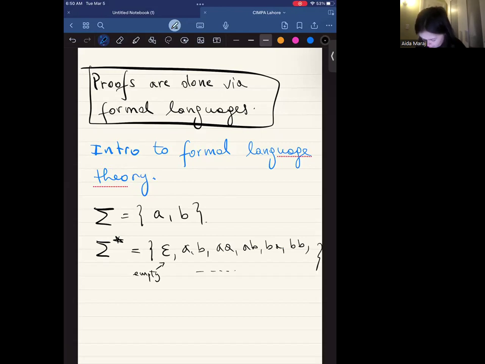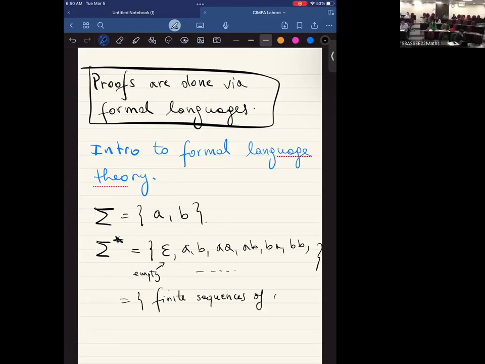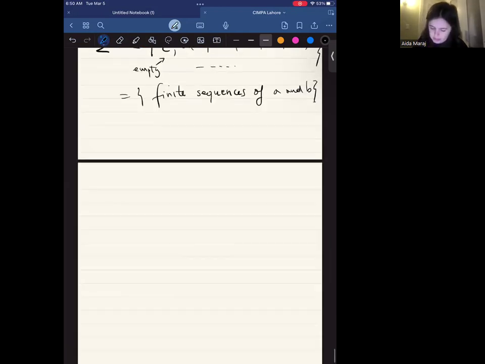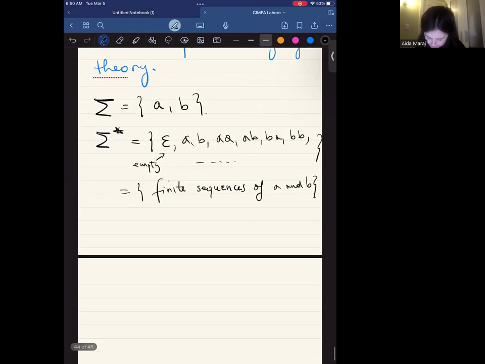So it's all finite sequences of A and B. And then any subset L of this sigma star is a language.